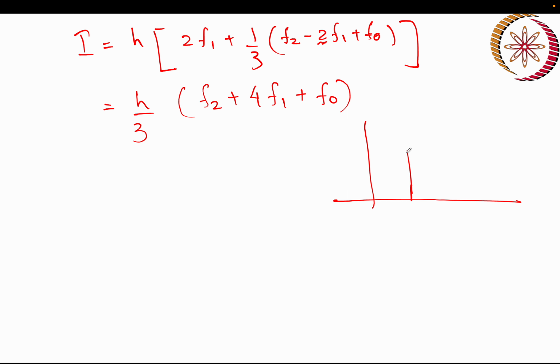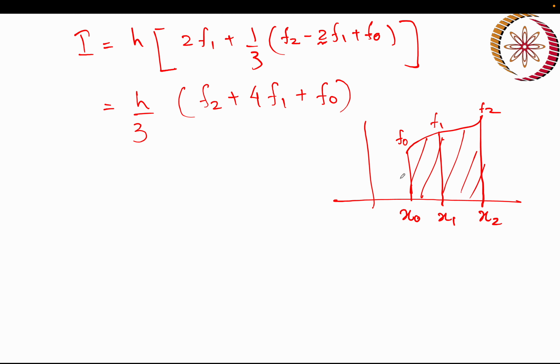So in this case, let's say we had started with x0, x2, x1, and at these locations the function values f0, f1 and f2, and we have approximated this integration by this value. So what if there is another area after this?